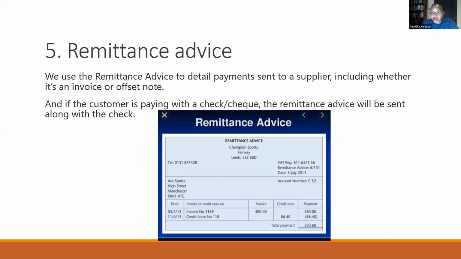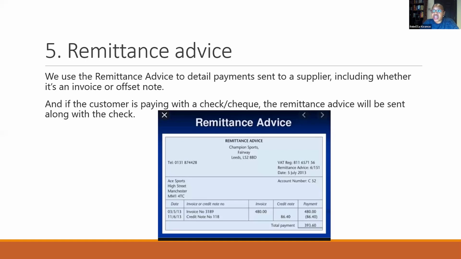A remittance advice note is just a note that is sent to your business from your customers about what they're paying you, how much they're paying you, and against what they're paying you. So probably they took goods on credit. So these are our debtors and they would like to pay.